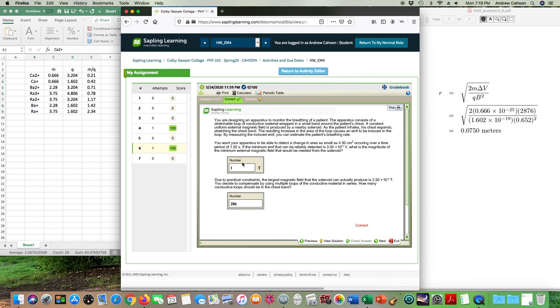So I'm going to assume that you know how to calculate the magnetic field from the formula for Faraday's law. That formula involves essentially the voltage, right?